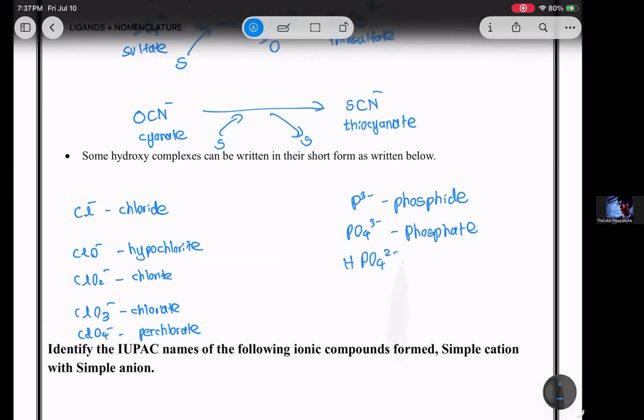HPO4 2 minus, hydrogen phosphate. You leave a space there, hydrogen phosphate. H2PO4 minus, dihydrogen phosphate.